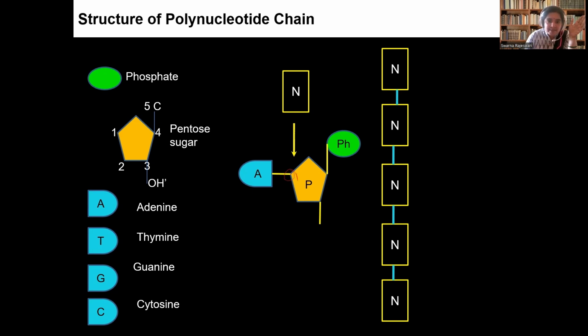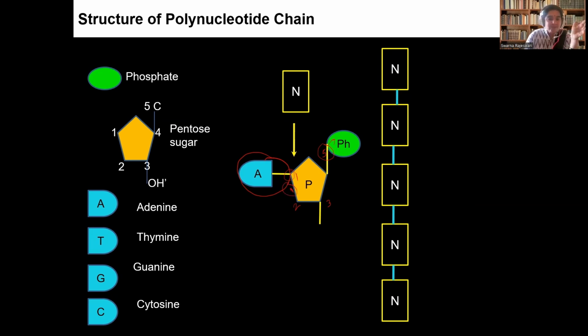This is the first carbon, this is the second, third, fourth, and this is fifth. The phosphate molecule is linked to the 5th carbon, and the nitrogen base, whether it is adenine or guanine, that is purines as well as pyrimidines, is linked to the first carbon.